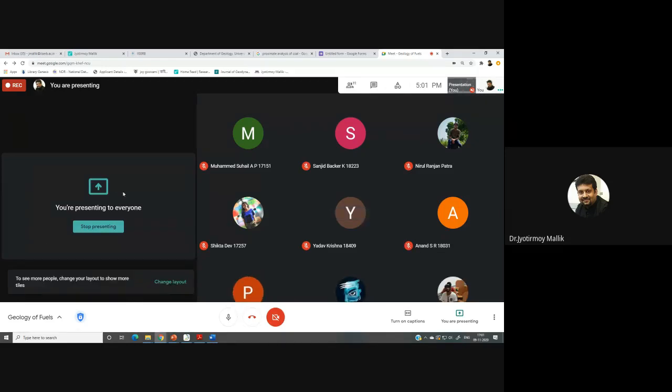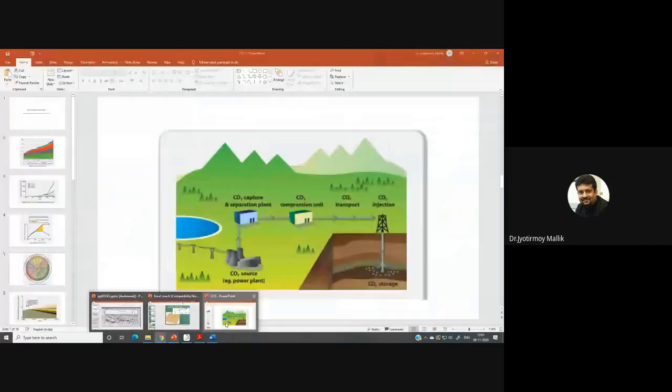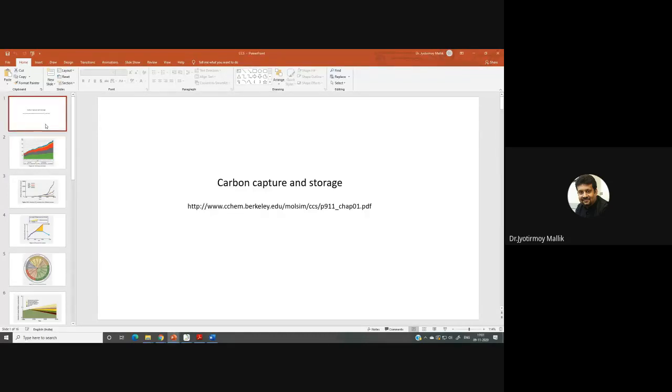All right. And today we are going to discuss something very, very important. As an earth and environmental scientist, this is one of the emerging areas which you should understand about. And this is all about carbon capture and storage. Okay.